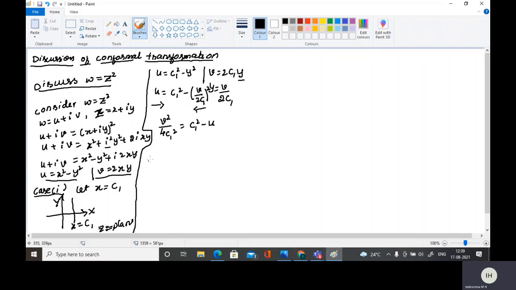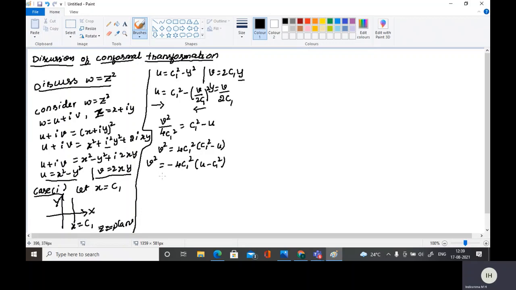Right? So next we have to simplify this. V square is equal to 4 c1 square into c1 square minus u we got. I will take minus common, and I will tell you why. If you take minus common in the RHS, it becomes 4c1 square into u minus c1 square.